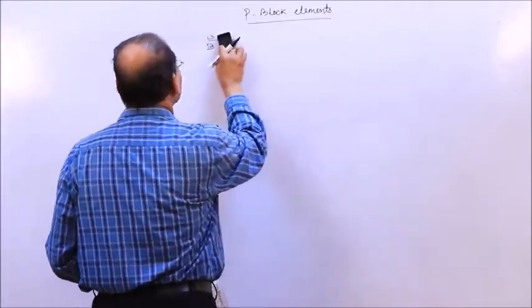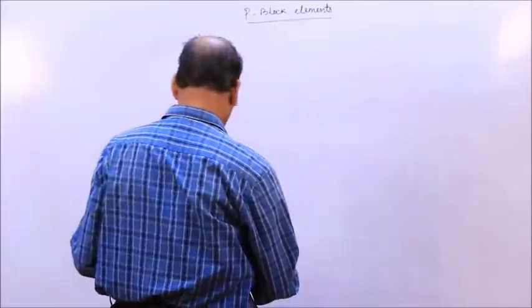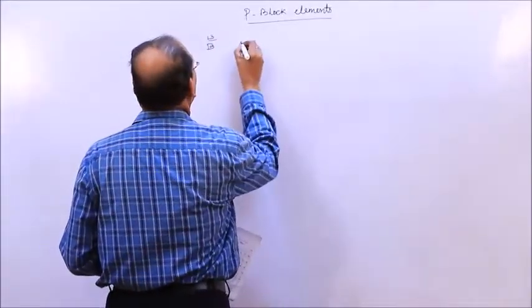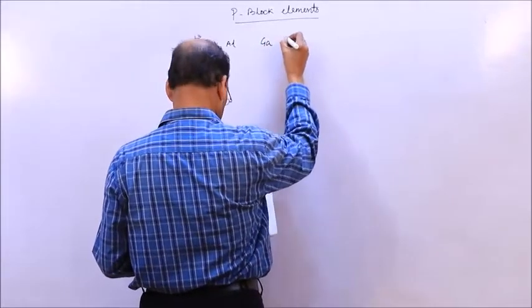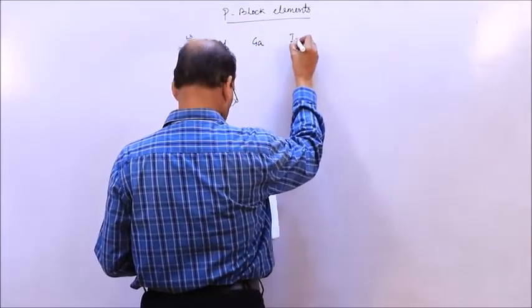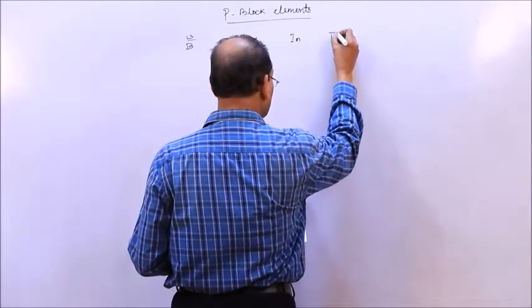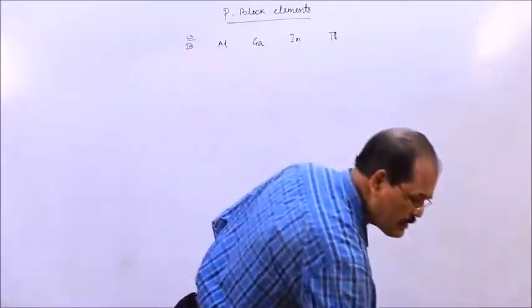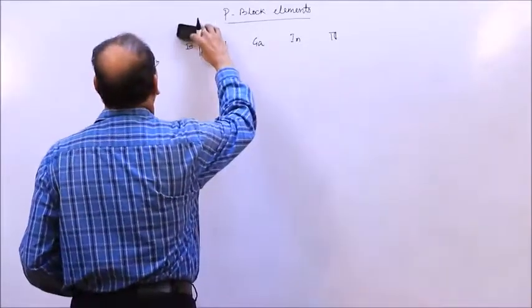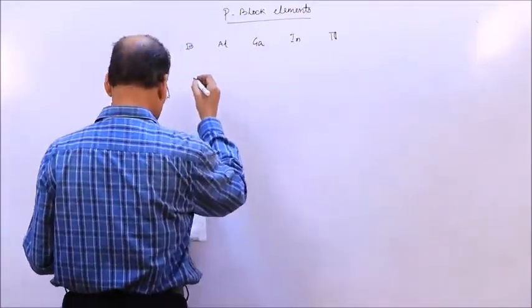group 13 elements. Group 13 elements consist of boron, aluminum, gallium, indium and thallium. So in that case you see that the atomic number of boron is 5.